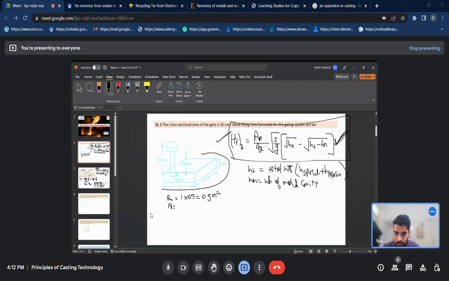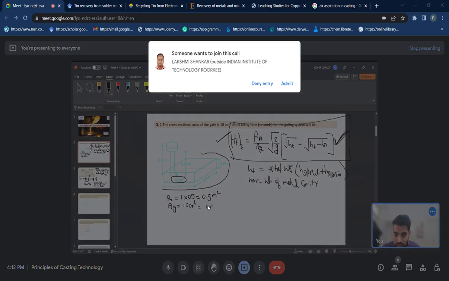Then the area of the gate is given as 10 centimeter square, so you need to carefully convert it to meter square. It comes as 10 to the power minus 3 meter square.